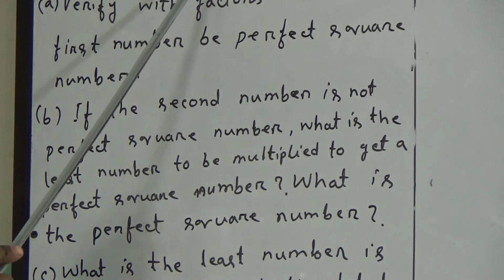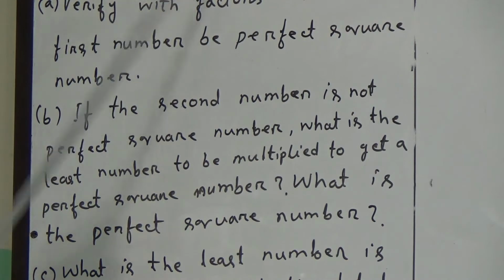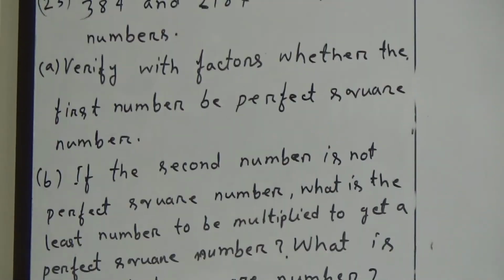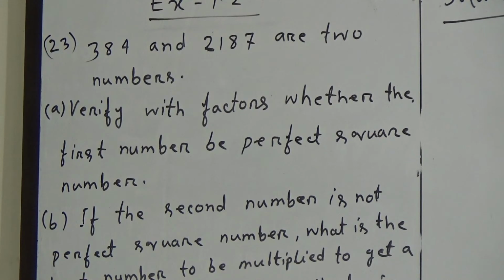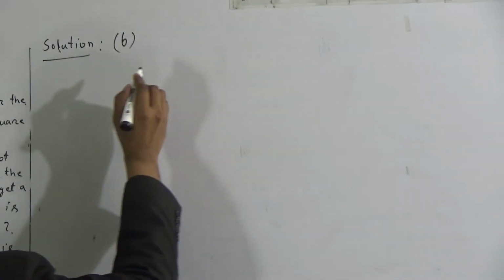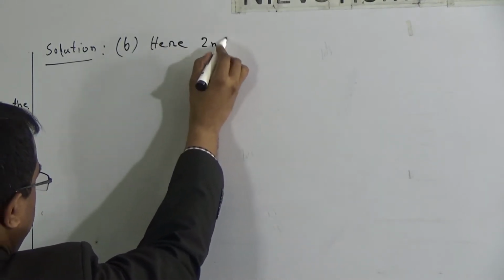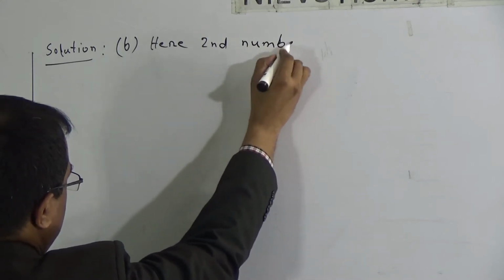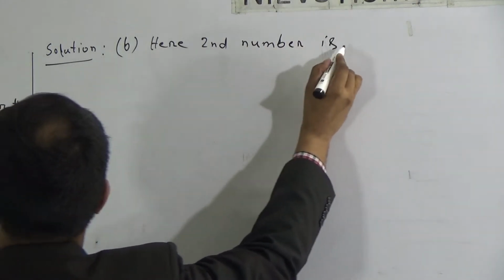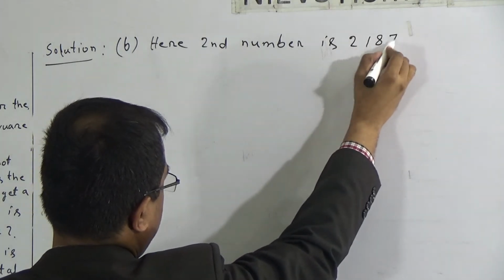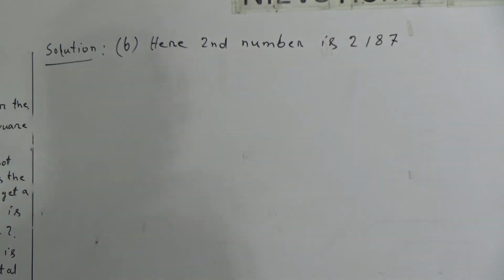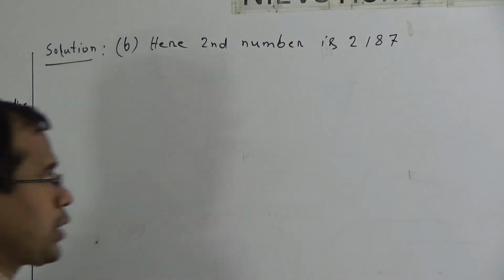Here second number is 2187. At first we will write this number as the product of its prime factors. Okay, now we have to determine the prime factors of this number.